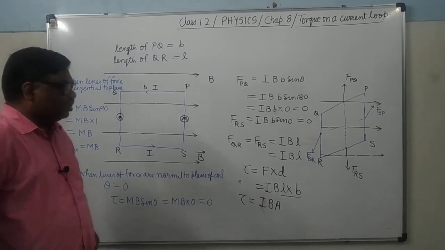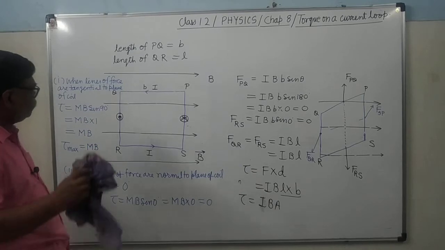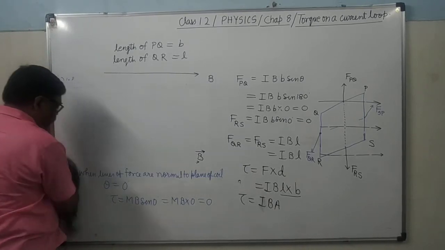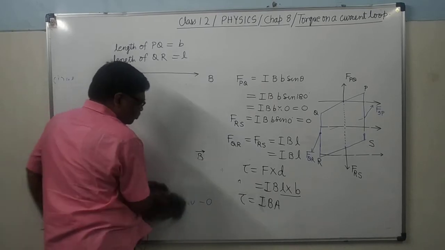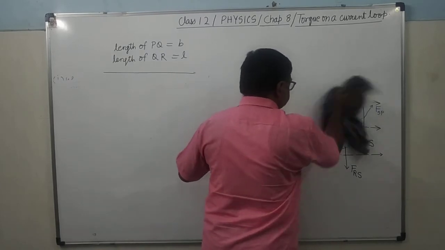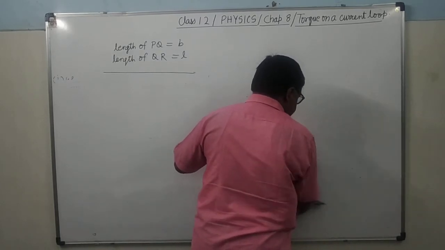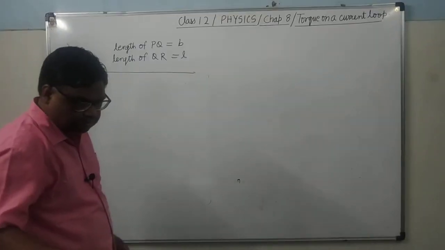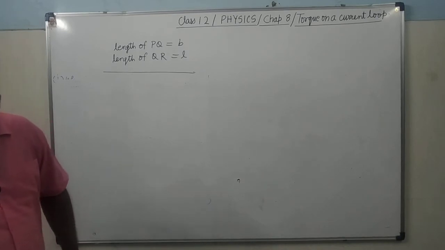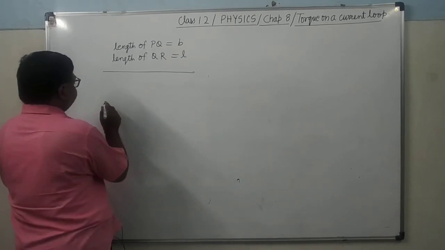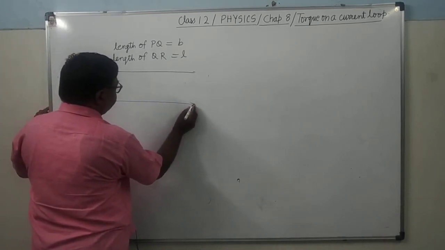It's clear? So see here, you can see, here I am drawing some arbitrary position of the coil. When the normal on the plane of coil makes an angle theta from the direction of magnetic field.